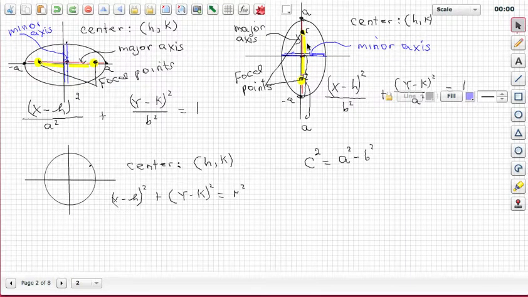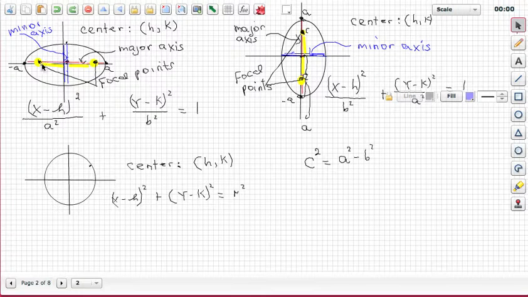Let's look at the parts of the ellipses. The minor axis is the shorter one here, and this is the minor axis. From the center all the way to the end, that distance is called a. I want to introduce to you another term, c, which is the focal point.